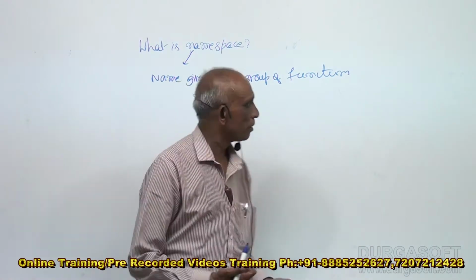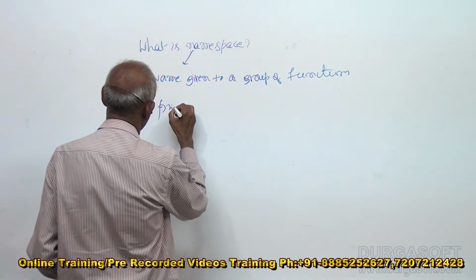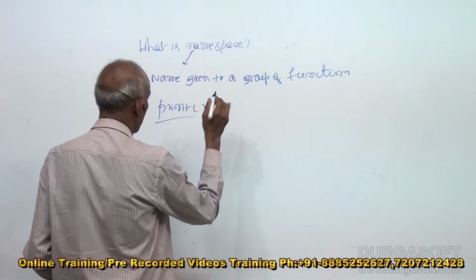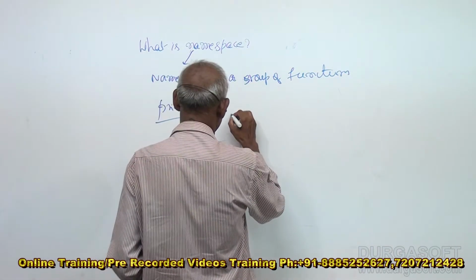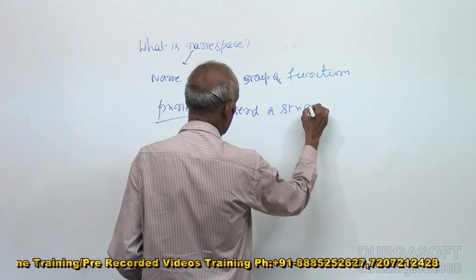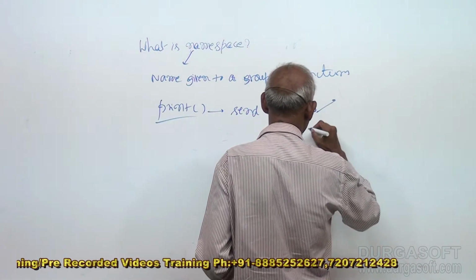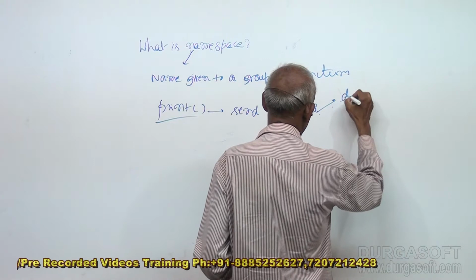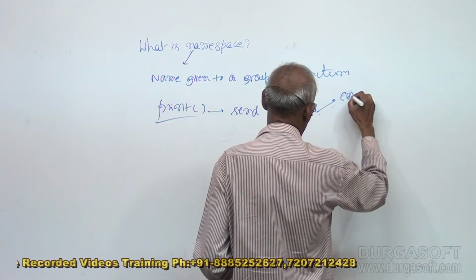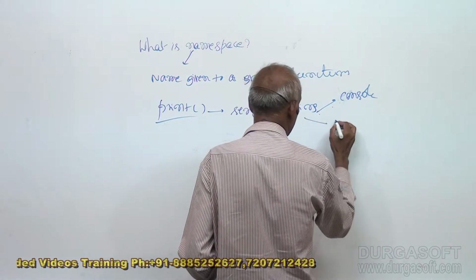For example, there is a function called print. It will just send a string in the console or display group. It sends a string to console or display. In the printer group, it sends to printer.